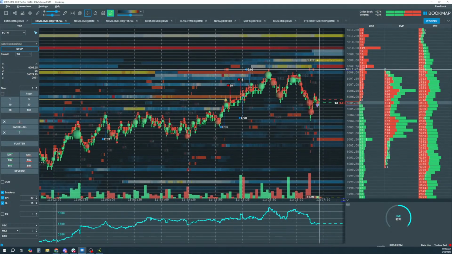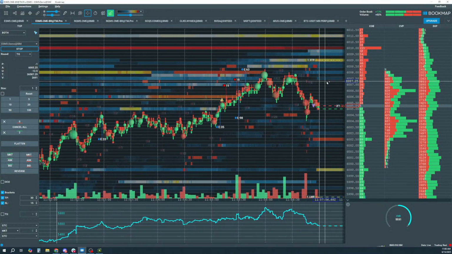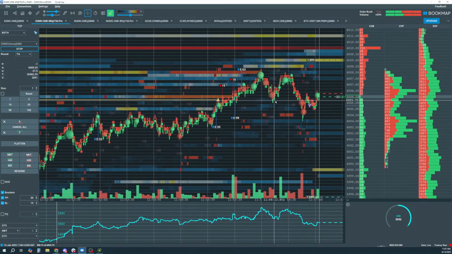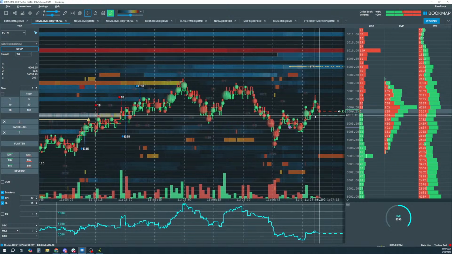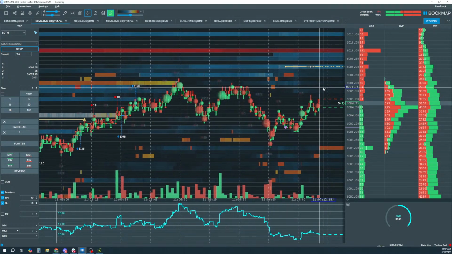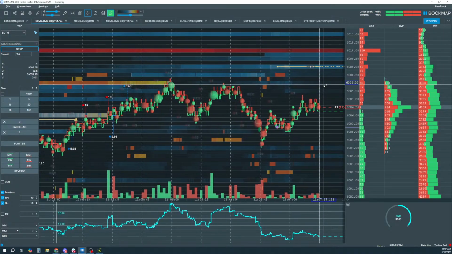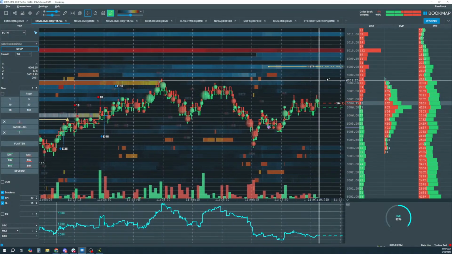All right, so let's see if we can catch this one here, and then now looking for the sellers to take it down. Okay, we broke this small structure here, and now we're not looking for buyers. We're getting a few. And let's see if these buyers exhaust out or not.